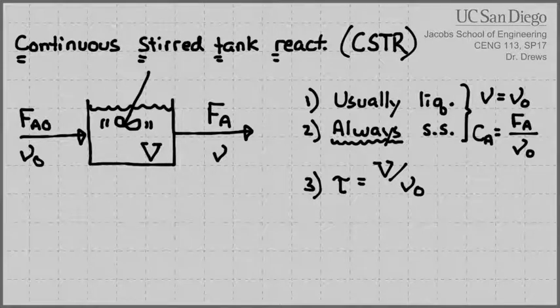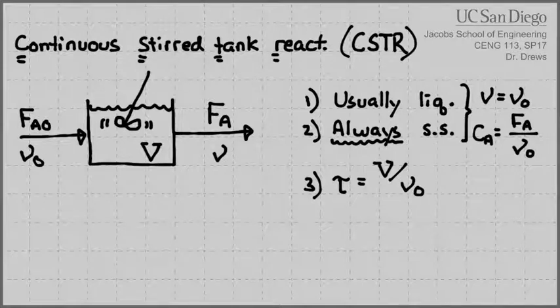Just like before, that residence time says on average, if I'm a little packet of molecules and I enter that reactor, about how long do I spend inside that reactor? On average. There's a distribution, actually called a residence time distribution, that can tell you what's happening inside your reactor. So tau is not always constant, but nevertheless, we define tau as a constant.